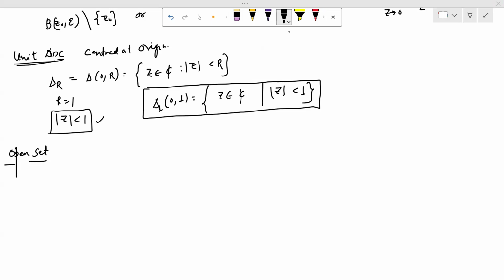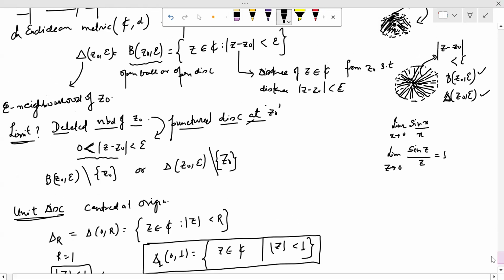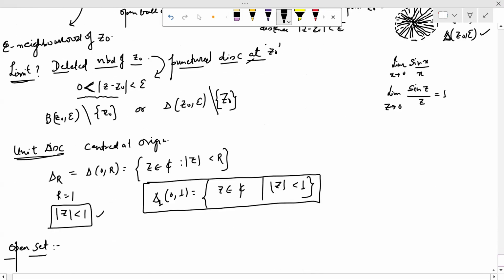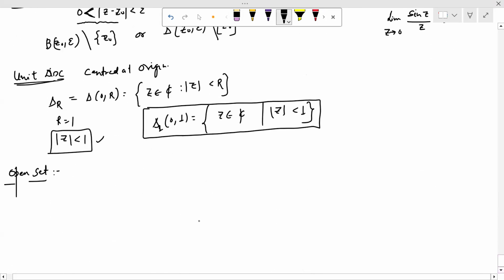Okay. Now let us discuss something called an open set. All these things you might have done in your real analysis part also, but just for the sake of revision, and plus the sense of writing it, because with complex numbers, I'm doing it so that at least the writing part you can do quite easily.